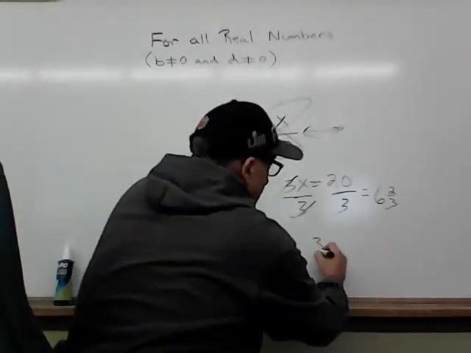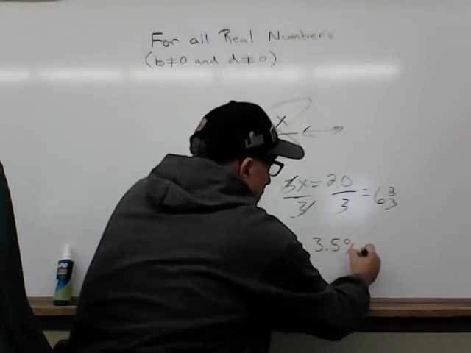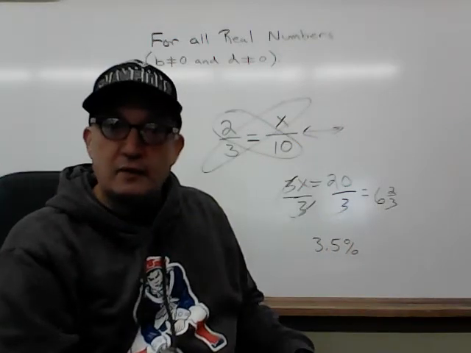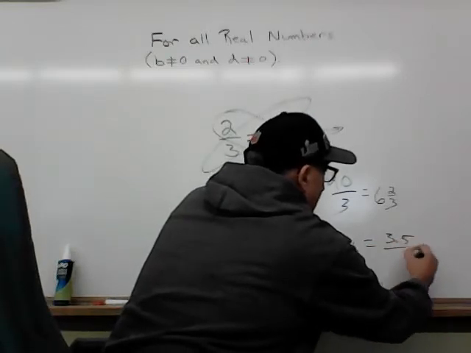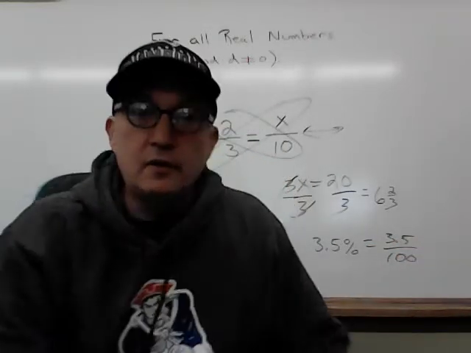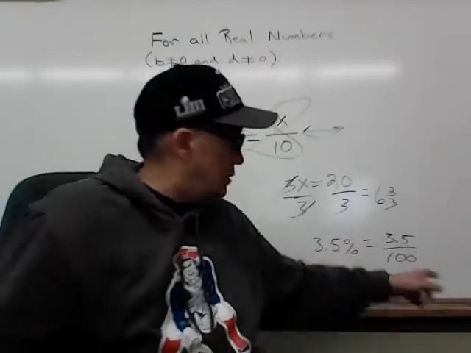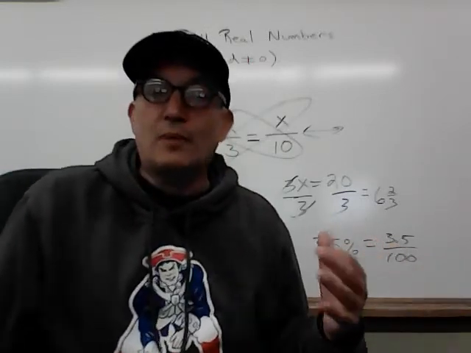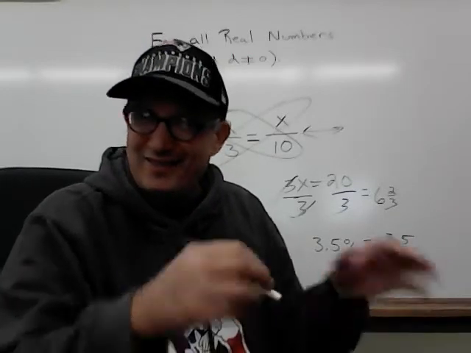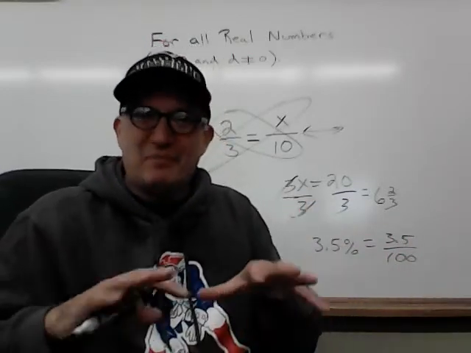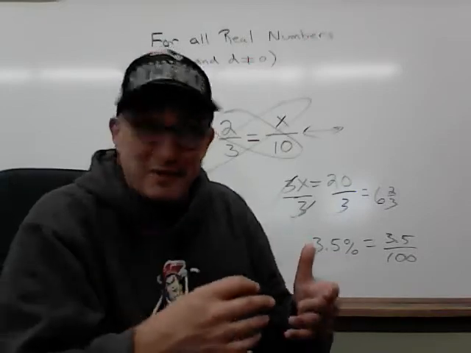Because let's say 3.5%. What does that mean? Well, it means 3.5 over 100. That's a complex fraction because that 3.5 is not a whole number. Now we can convert that to a simple fraction, which is really not part of what I wanted to do now, but sometimes I get carried away.